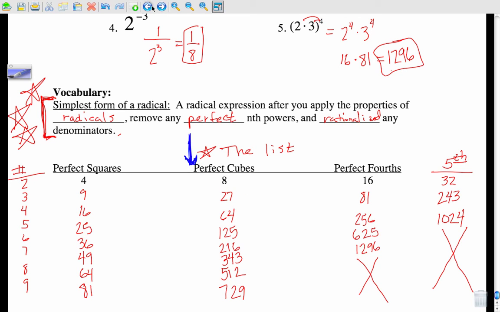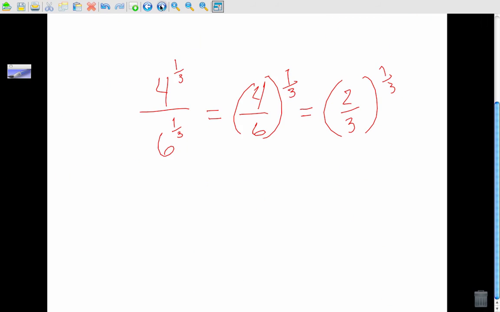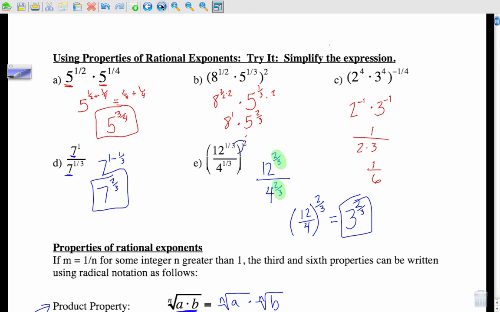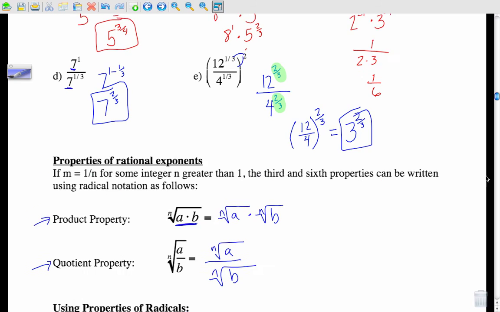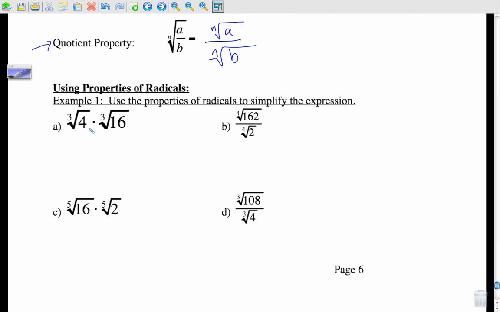And 4 is not on that list anywhere, neither is 16. So since they are nowhere in this list, I can't simplify those. So what I'm going to do instead is try to put them together first, then simplify. So I'm going to take 4 times 16, which is 64, and the cube root of 64 is on that list. It is 4. So I can put those together.